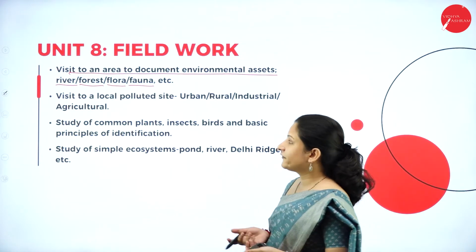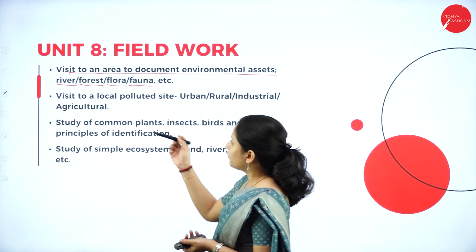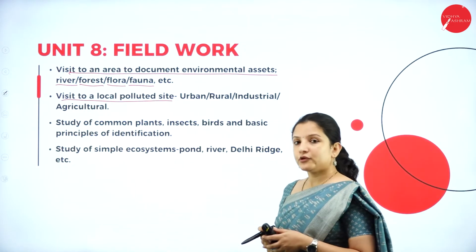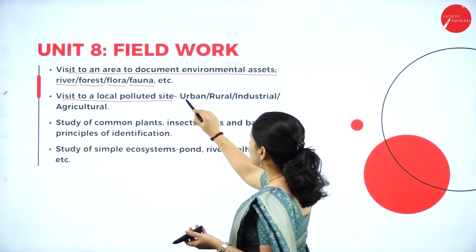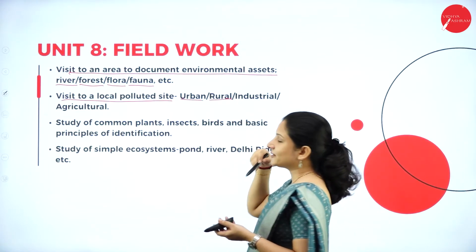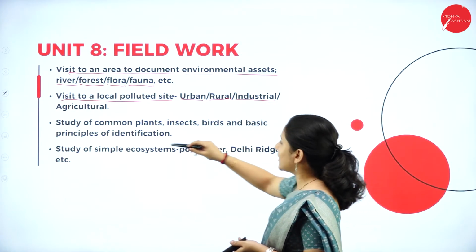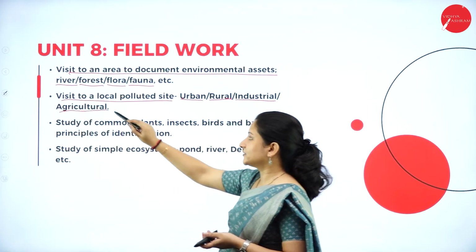So that is about the field work. Next is one more field work, visit to a local polluted site. So polluted sites which you can find in urban areas, in rural areas, that is in villages, and in industrial areas, and in agricultural areas.